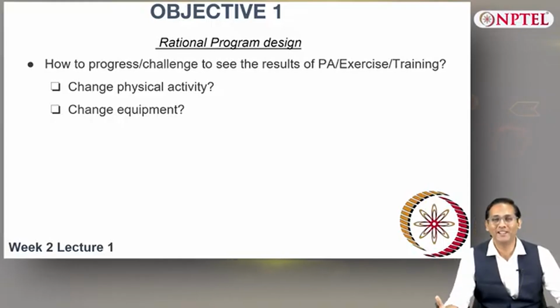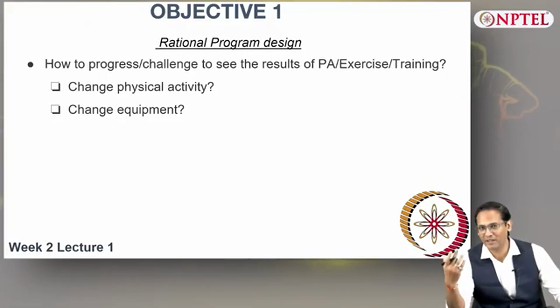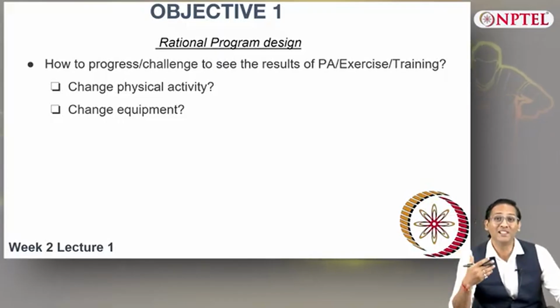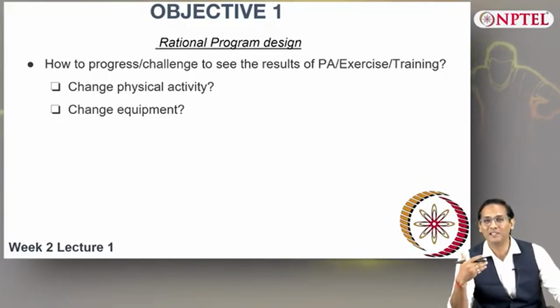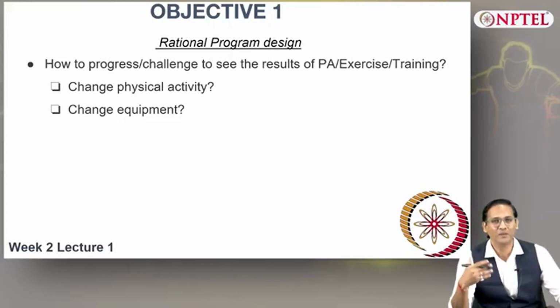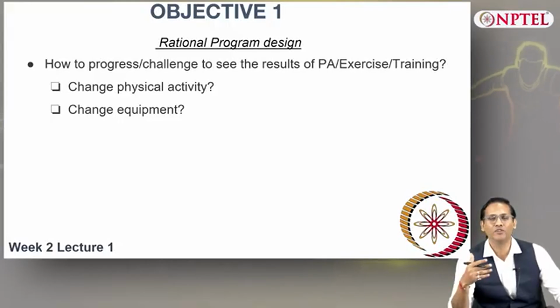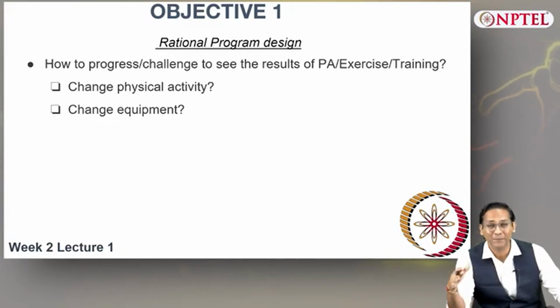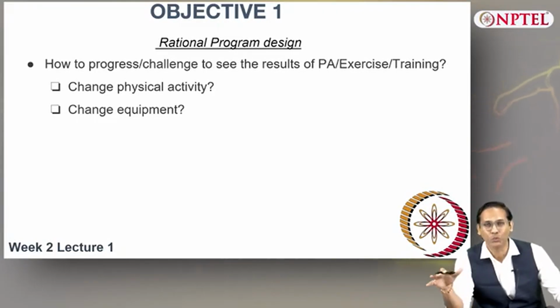Someone who is engaged in exercise for a long time, you have your own experience. By changing activity, by changing equipment, you do see results, but that result is limited to certain weeks. Beyond that, your progression, your adaptation remains the same, which is called a plateau.